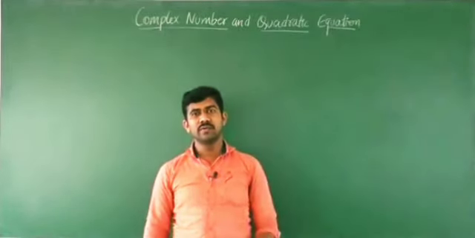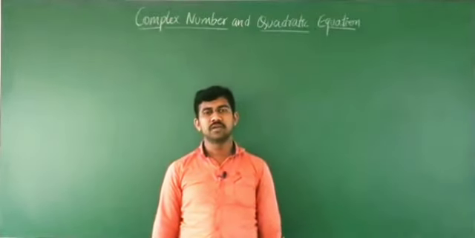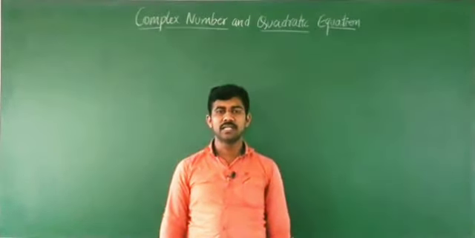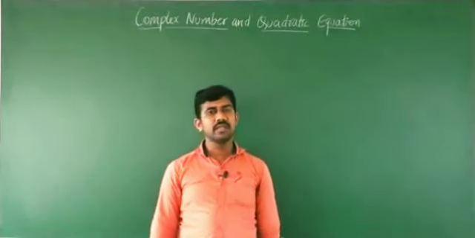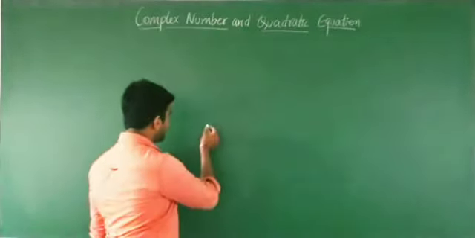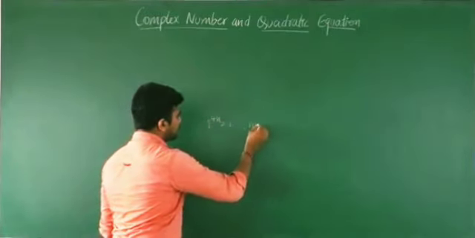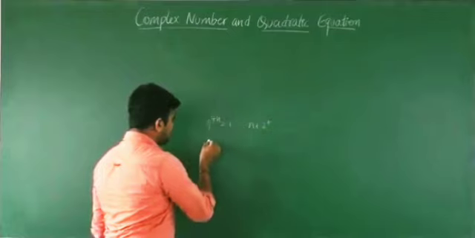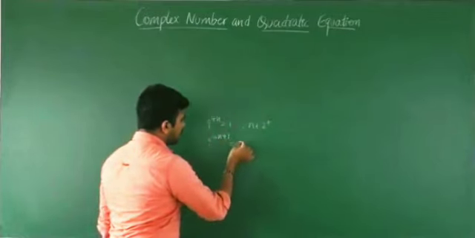And also we discussed the power of i, that is nothing but iota. i means iota, because that is a Greek symbol. There we saw that i to the power 4n is equal to 1, where n is any positive integer. i to the power 4n plus 1 is nothing but i.